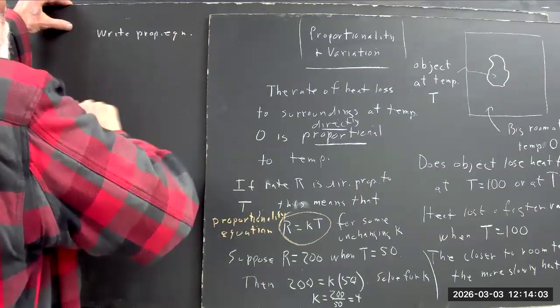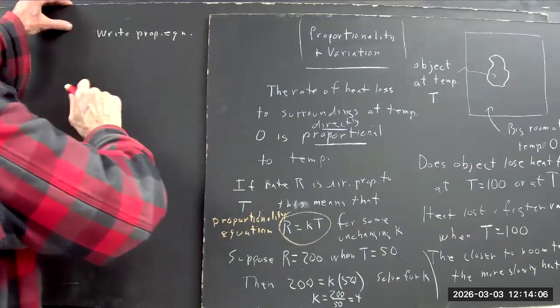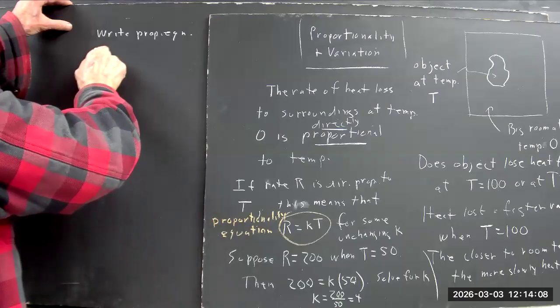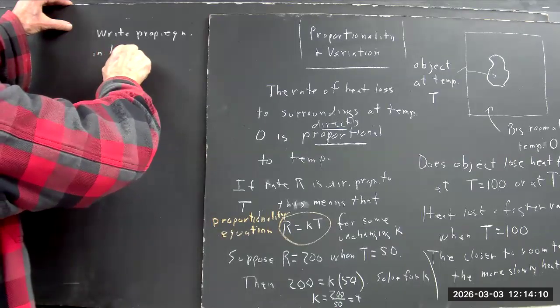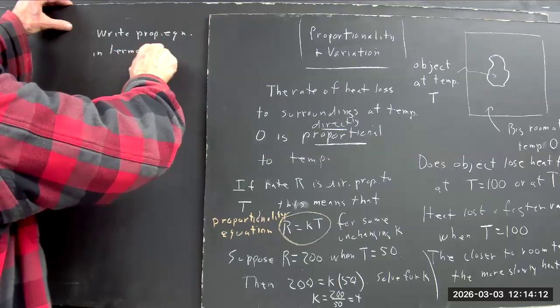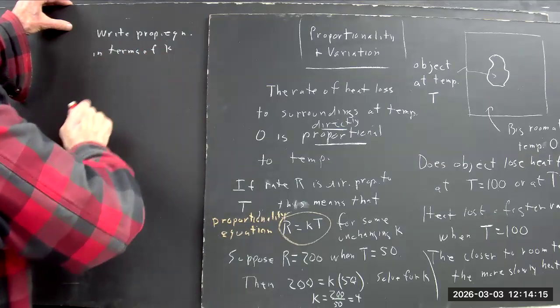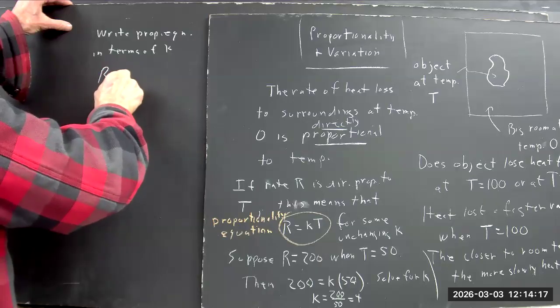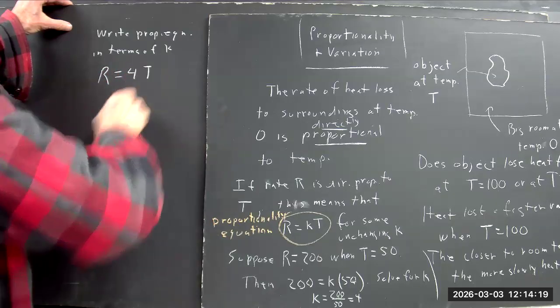Going to abbreviate, that takes forever to write. Write the proportionality equation in terms of K, we get R equals 4T.